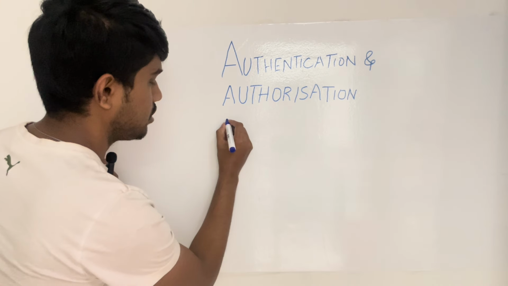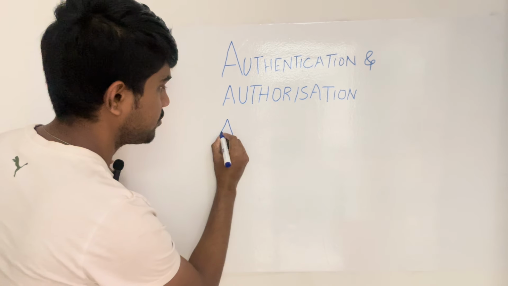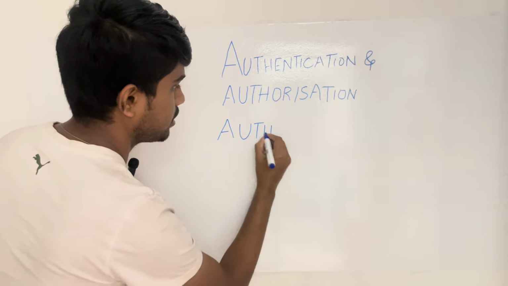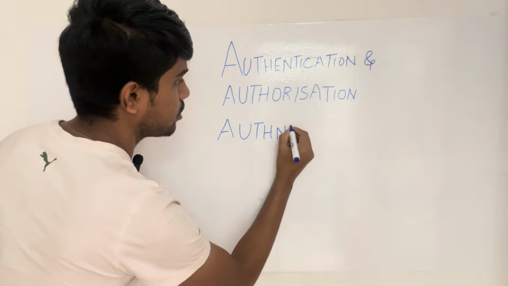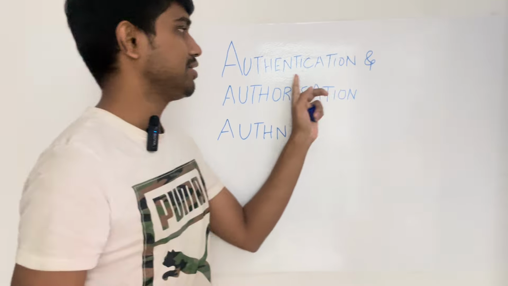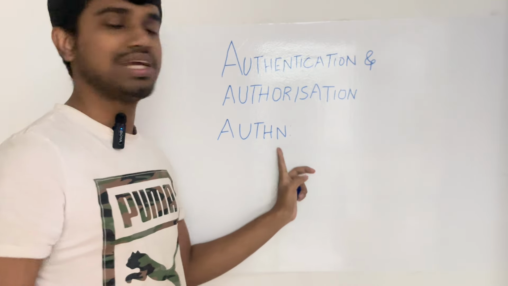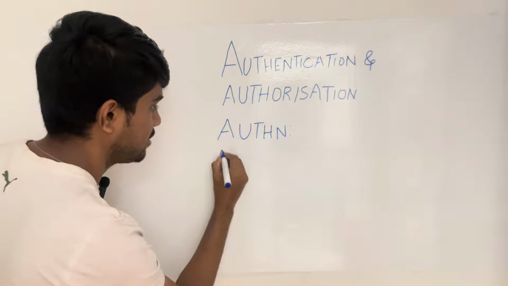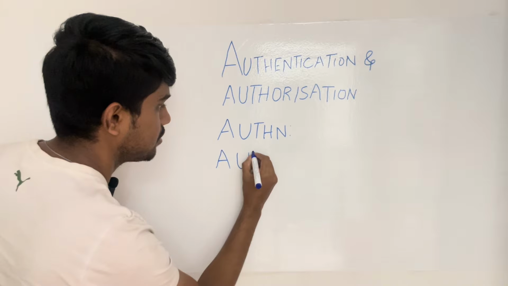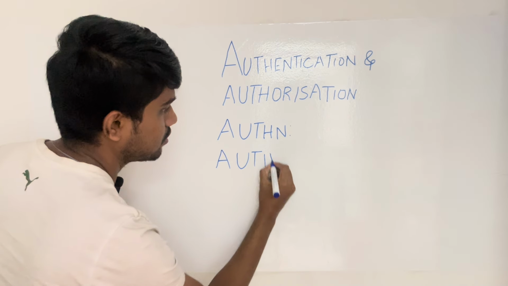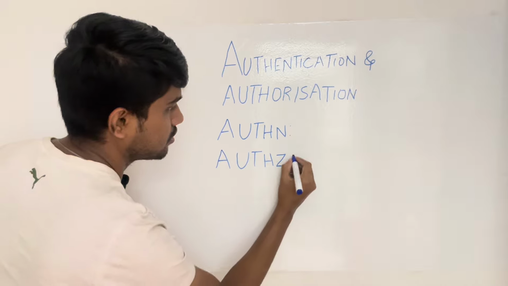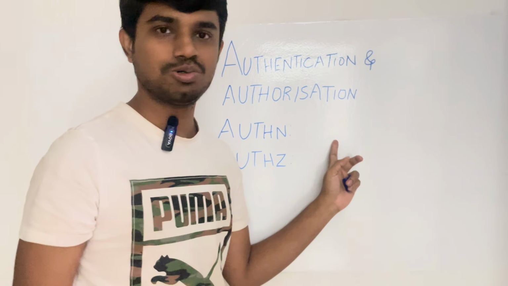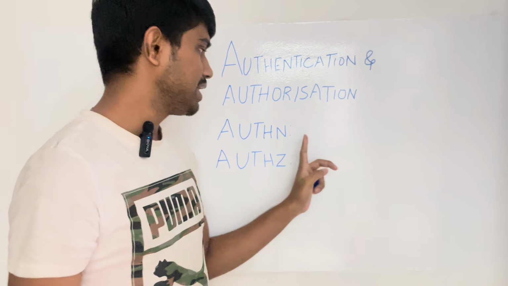So I'll explain first what is AuthN, which is authentication, right? AuthN is authentication, and for authorization, it is called AuthZ. This is just a short form which we use to simplify.